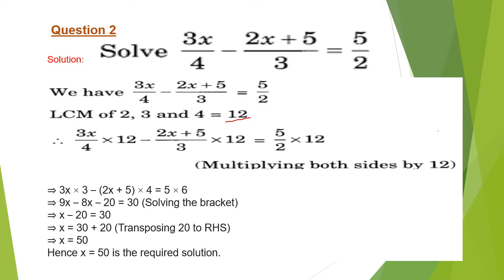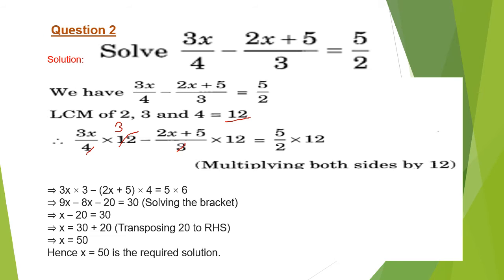This is the easiest way to simplify linear equations of such type. So 3x by 4 into 12 minus (2x plus 5) by 3 into 12 equals 5 by 2 into 12. Children, here we can cancel out some terms. 4 ones are 4, 4 threes are 12.